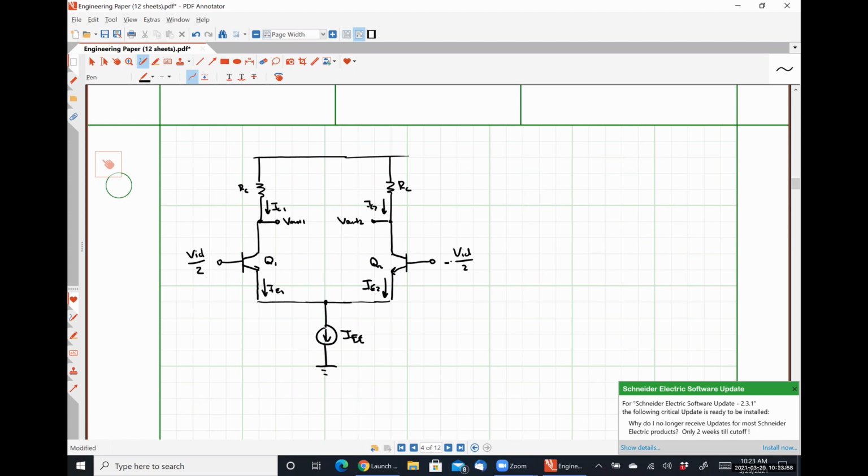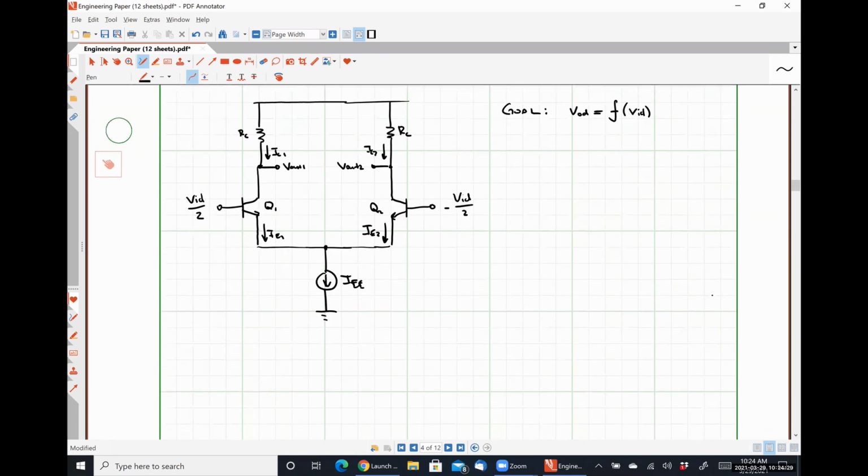Our goal here, and it's important to keep this in mind because it's going to take an awful lot of steps, is to determine our differential output voltage VOD and express it as a function of our differential input voltage.